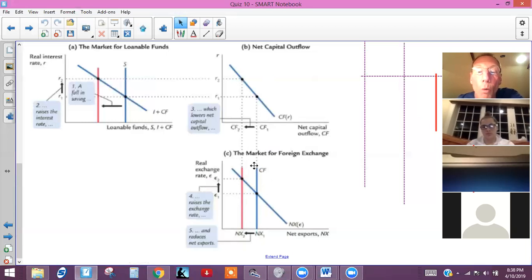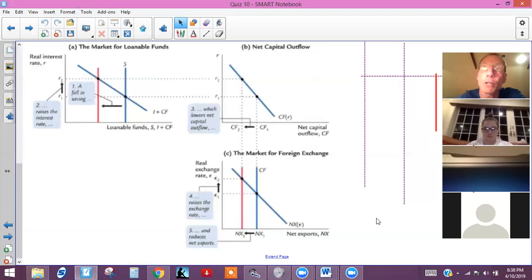It's going to be whatever net exports are. So when capital outflow goes down, net exports go down. When capital outflow goes up, net exports go up, right? So the bottom line here is when interest rates go up, net exports go down, and exchange rates go up, okay?